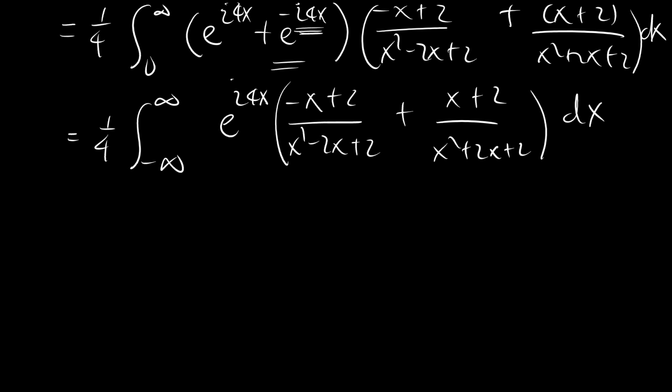Right, because when x is negative, this part here shifts to this and this part shifts to this, and then we realize that this part becomes same as that. So that is the case. So we can now rearrange our integral.